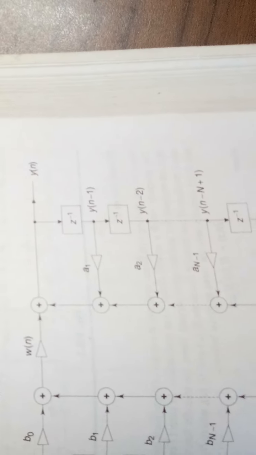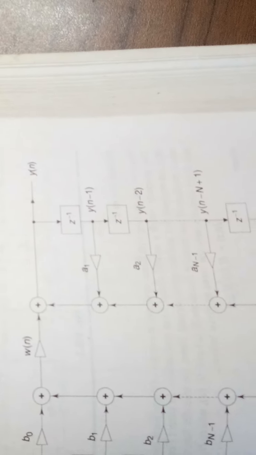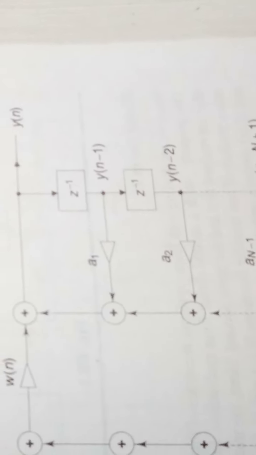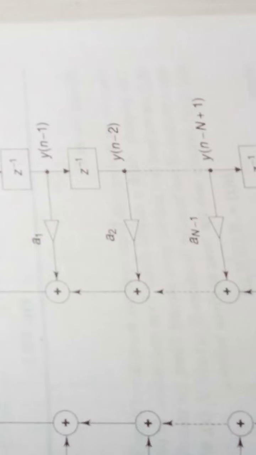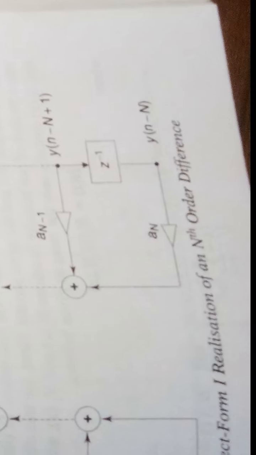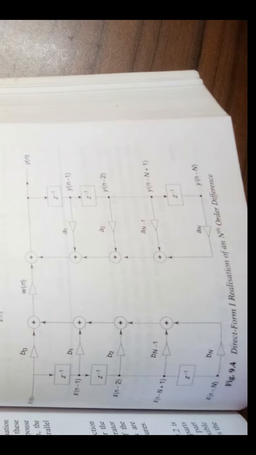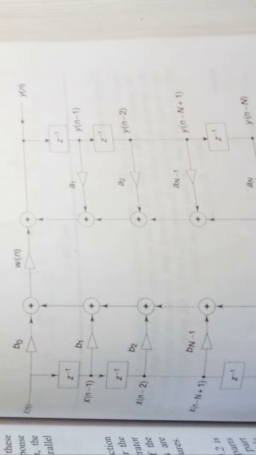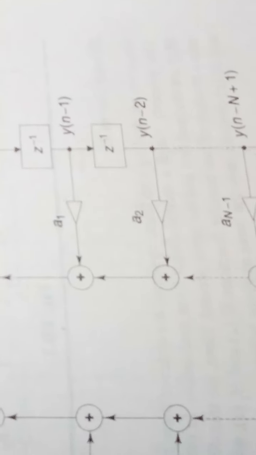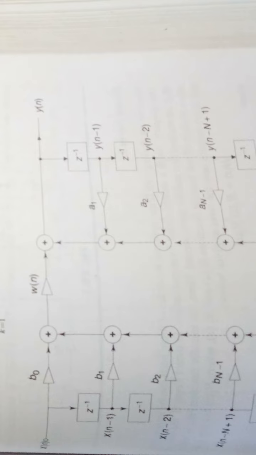Similarly, for the output stage also, delays are incorporated. y(n-1) is generated, after the second delay the y(n-2) sequence, and so on up to y(n-N) sequences are generated. And in this way we have to calculate, by observing the difference equation, given values of the arbitrary constants ak and bk.